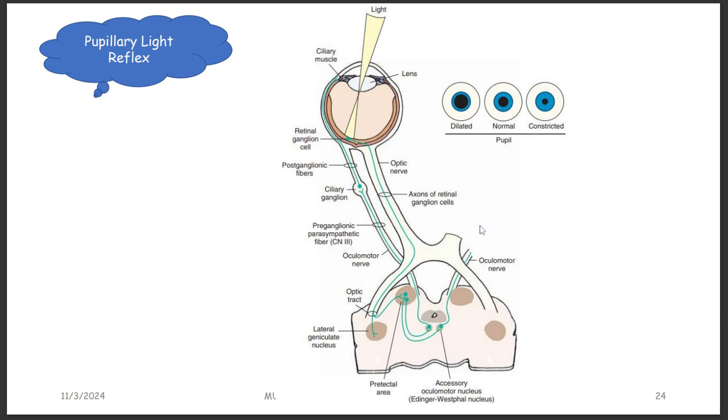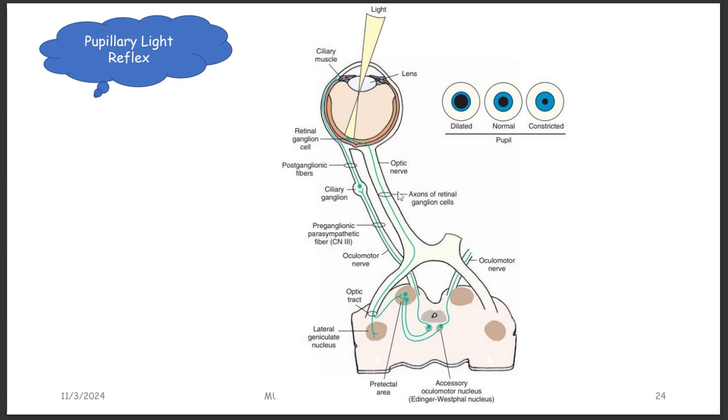So for the side where you have a defect, that is not going to work. Let's say this oculomotor that is half here is the one that is being cut. It means that even when there was a stimulation at this point, this side will not be able to work.